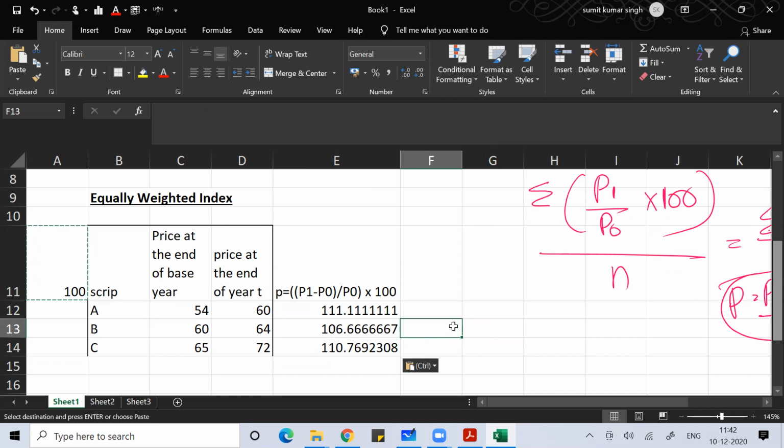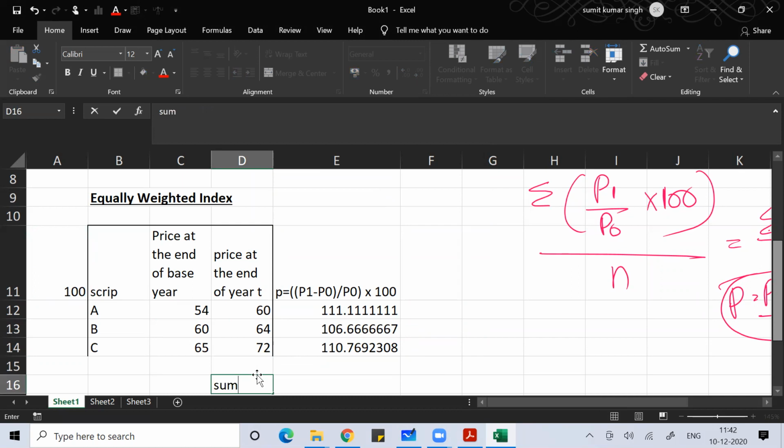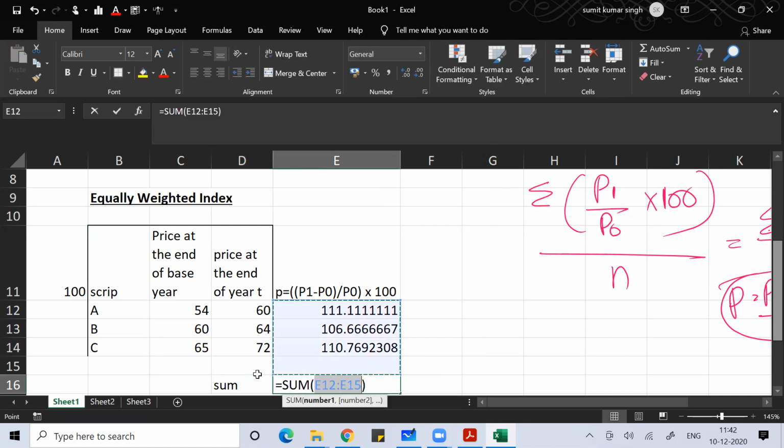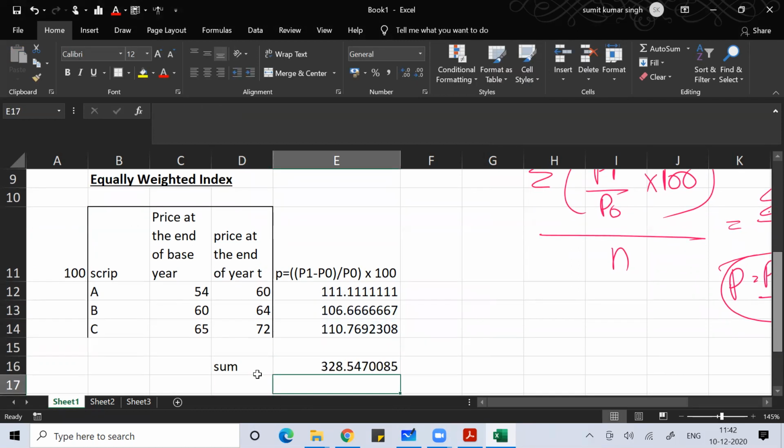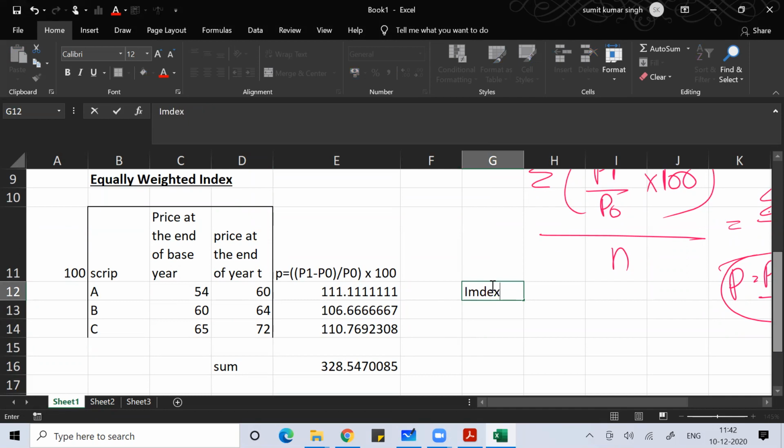So once you get this, you have to find the sum of P, and then the sum of P by N. So what is the index value?